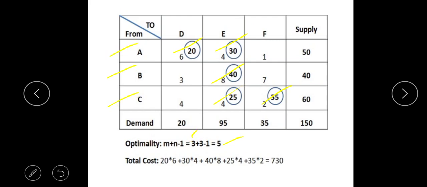So m plus n minus 1 is 3 plus 3 minus 1, which is 5. So 5 is equal to 5, and this is a non-degenerate problem. This completes our first step, and as usual computing the total cost, it is 730. So the first step is as simple as that. It is similar to the first step in the stepping stone method.